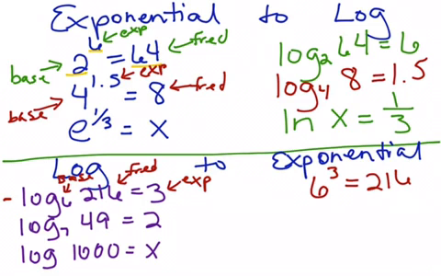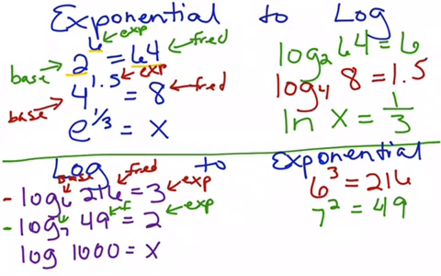Let's look at the next one. Log base 7 of 49 equals 2. Again, I've got my base, Fred, and my exponent. My base is 7, I am raising it to my exponent of 2, and it equals 49.